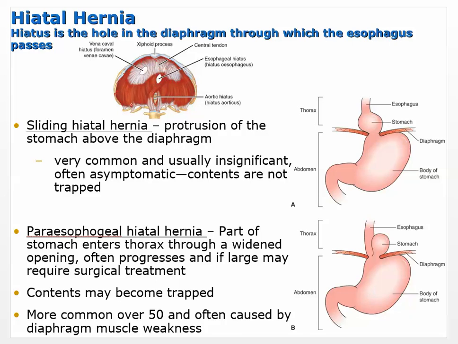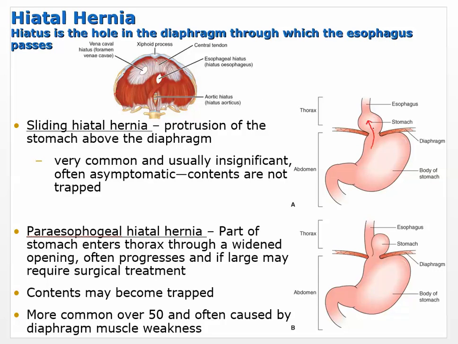So we have a couple of conditions that can develop, and they're hiatal hernias. A hernia is just a protrusion of something into an area where it normally wouldn't be. In this case, you can see the stomach is protruding through this esophageal hiatus. That's what we call that little hole, the esophageal hiatus.